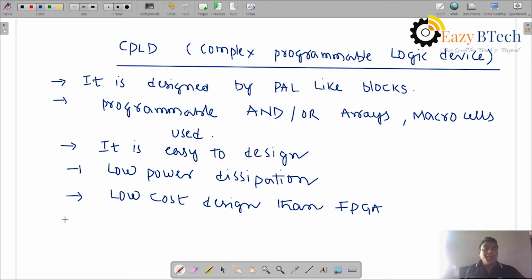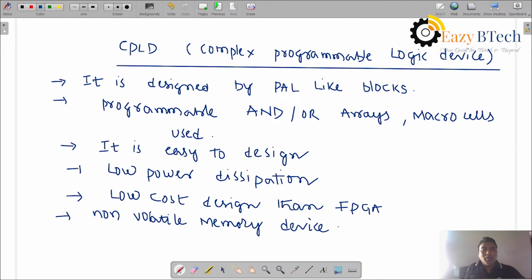And it is a non-volatile memory device. It is a ROM based design, non-volatile memory device.